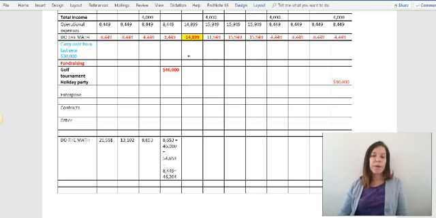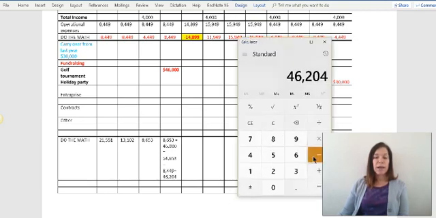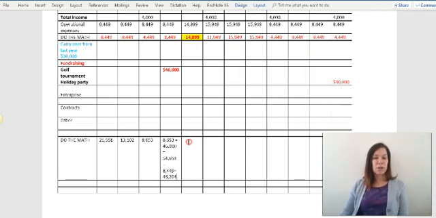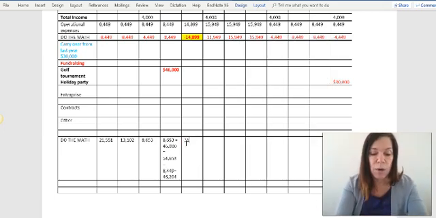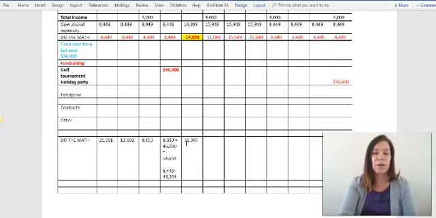So now when it comes to this number right here in April, because we moved the golf tournament to April, we can subtract the 14,899, and we have 31,305 here.